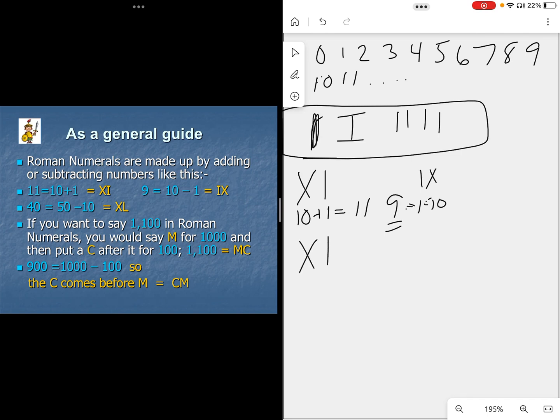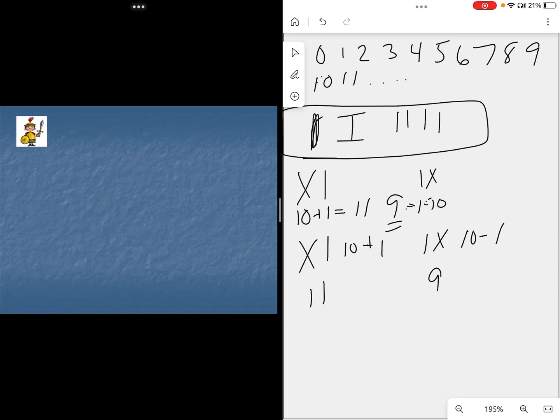So XI is 11, but IX would be 9 because it's 10 minus 1, whereas XI is 10 plus 1. There are only certain subtractive values. You have 9, 49, 40, but there are only certain ones you need to know.